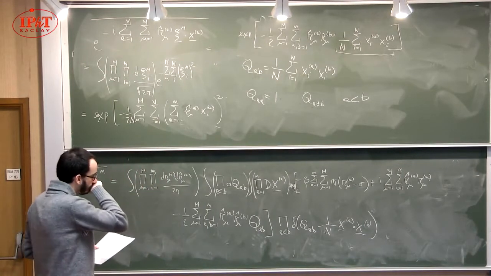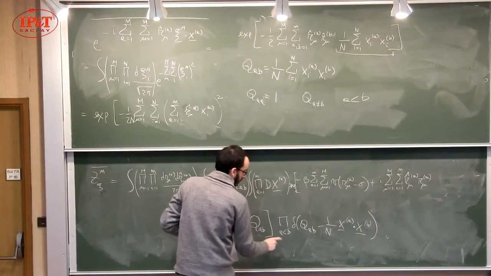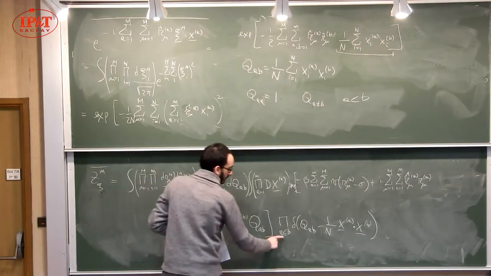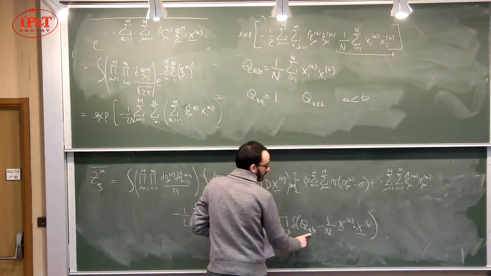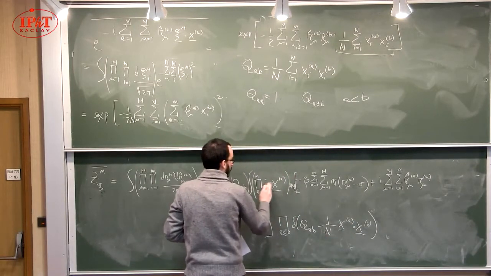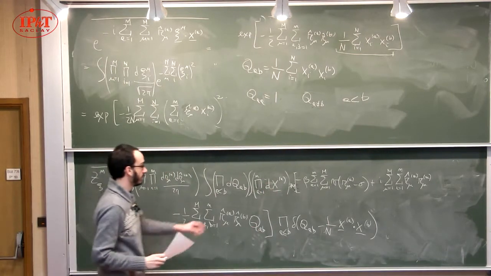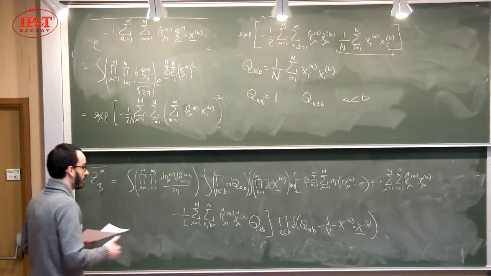Okay. So now what I can do is just that I add here I include the delta of QAA just to enforce the spherical constraint. And then here I've just put a free integral over the r-dimensional space.